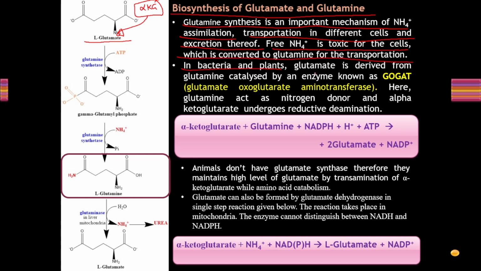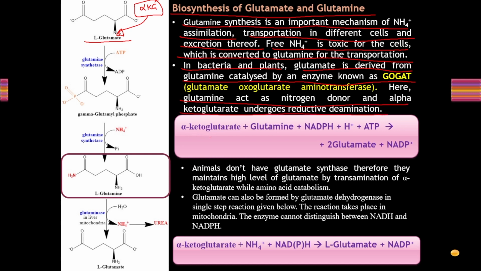In bacteria and plants, glutamate is derived by a reaction catalyzed by an enzyme called GOGAT, glutamine oxoglutarate aminotransferase. Here, glutamine acts as a nitrogen donor, and alpha ketoglutarate undergoes reductive amination.